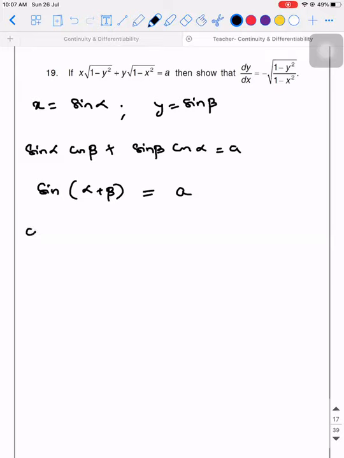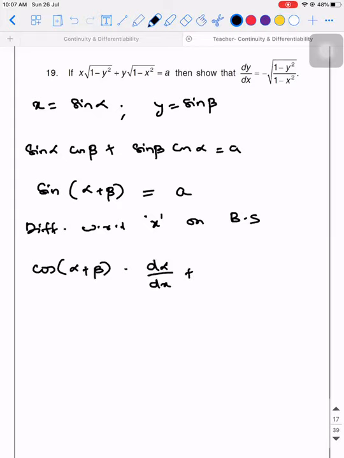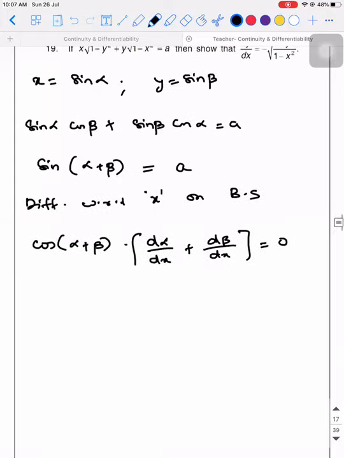Now differentiating with respect to x on both sides, you will have cos of alpha plus beta into d alpha by dx plus d beta by dx will be equal to the derivative of a, which is 0.